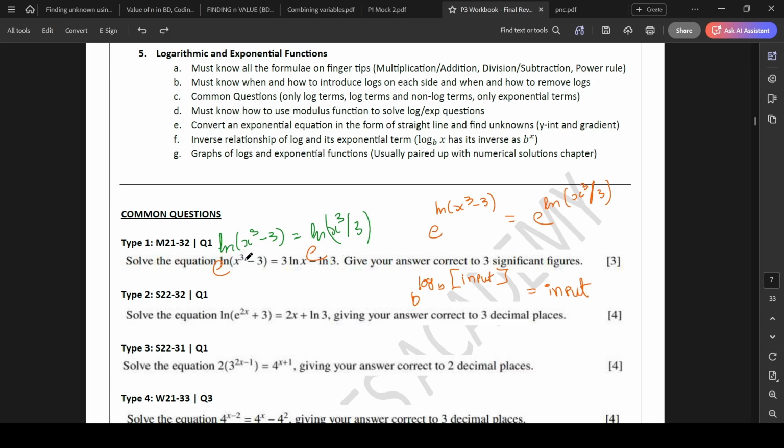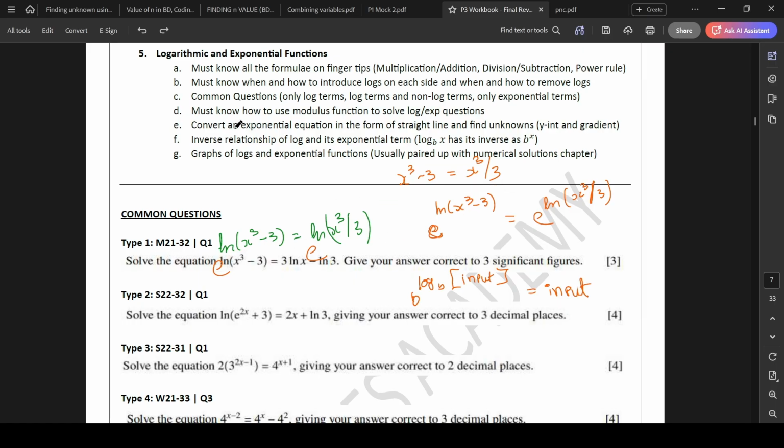Actually, you are introducing the base of the log on each side and raising everything in the power, like what I have shown you over here. And now over here, because it's e to the log to the base of e of x cube minus 3, this is the same as writing x cube minus 3 is equal to x cube over 3. Now you can see that you can easily solve this equation. So that is how you should be aware about how to remove logarithms.